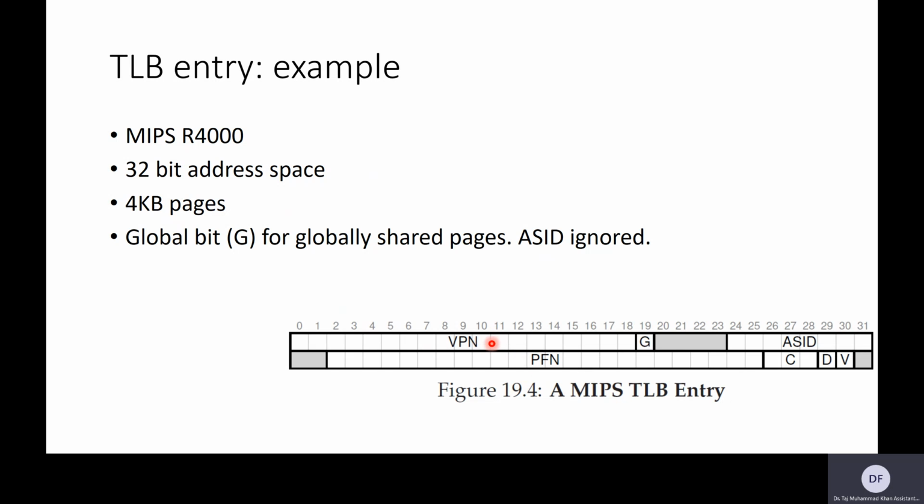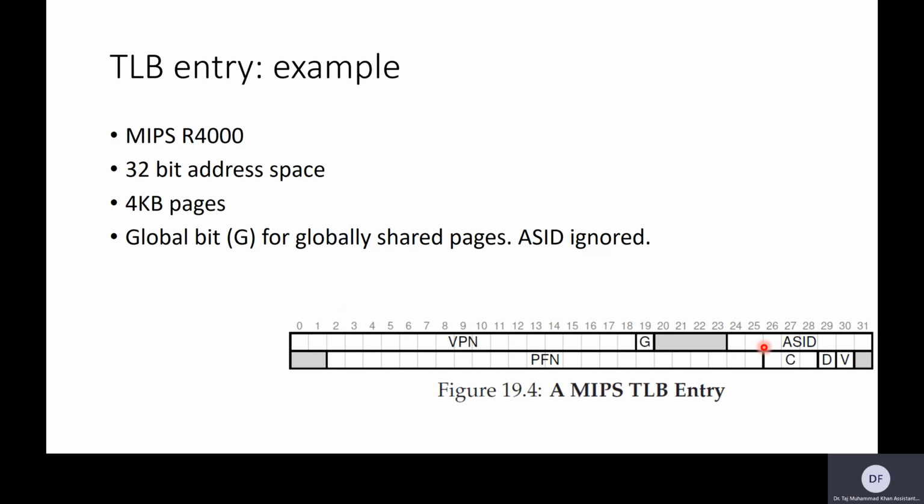So for each TLB entry, we have a virtual page number and its corresponding physical frame number. Then we have the ASID bits that we discussed in the last few slides, which keep track of the process to which this TLB entry belongs.